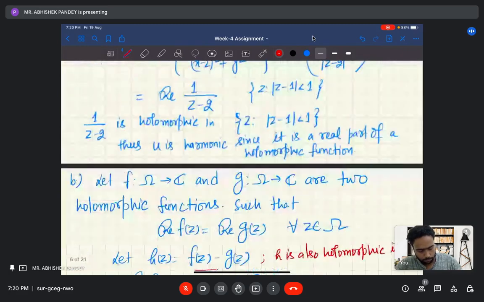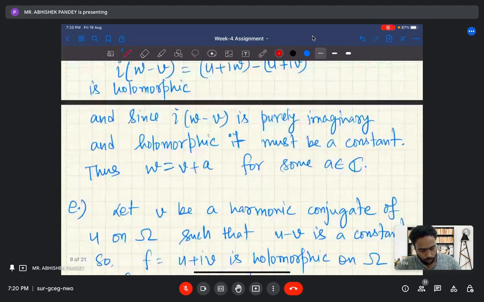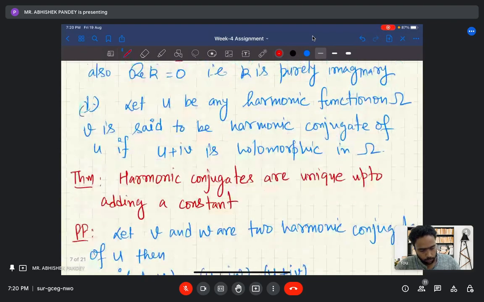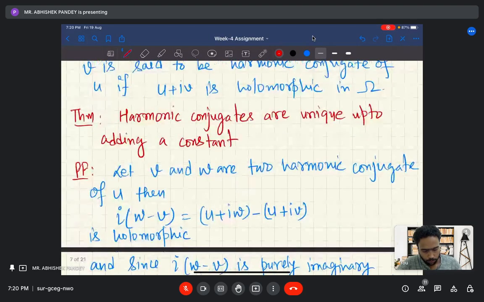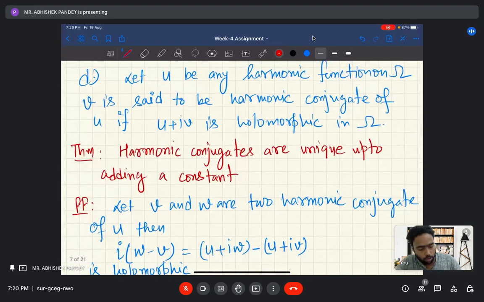Let us see. So we will prove this theorem that harmonic conjugates are unique up to adding a constant. So basically, let V and W be two harmonic conjugates of U. First recall that harmonic conjugate means U plus iV is holomorphic in omega, whatever domain is given.